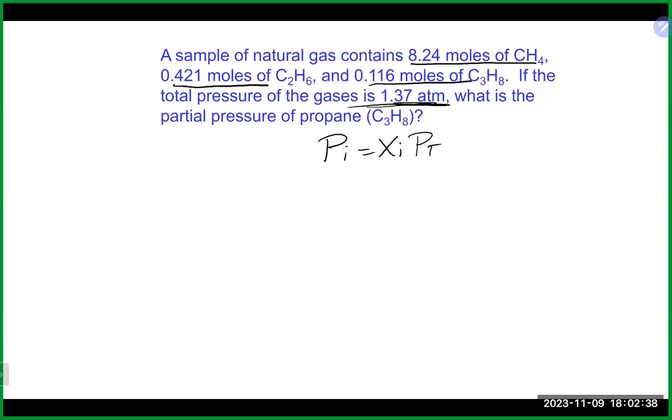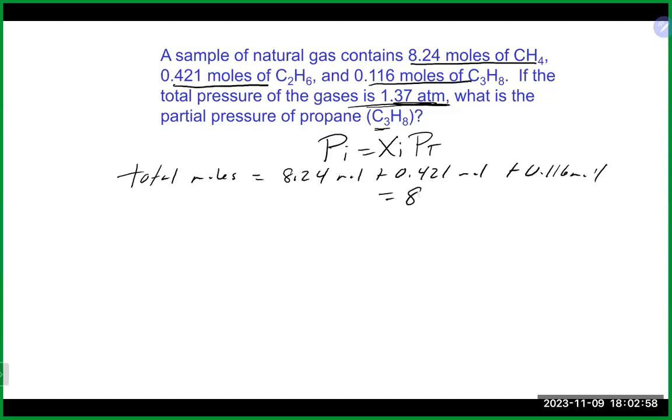So in this case, we're interested in the partial pressure of propane. So we do want to calculate the total moles here. And we'll get that by taking our 8.24 plus our 0.421 and our 0.116. That looks like we're going to get 8.777 moles.